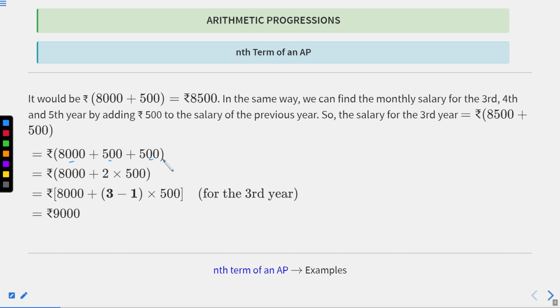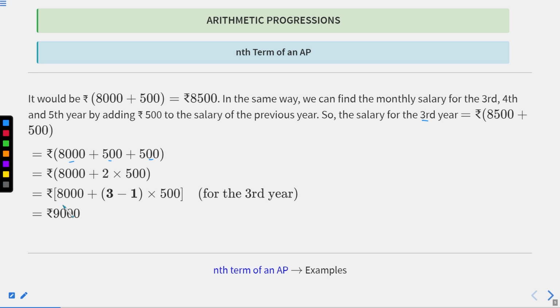Now we can write it as rupees 8000 plus 2 times 500, which is rupees 8000 plus 3 minus 1 times 500. For the third year, our salary would be 8000 plus 3 minus 1 times 500, that is equal to 9000 rupees.